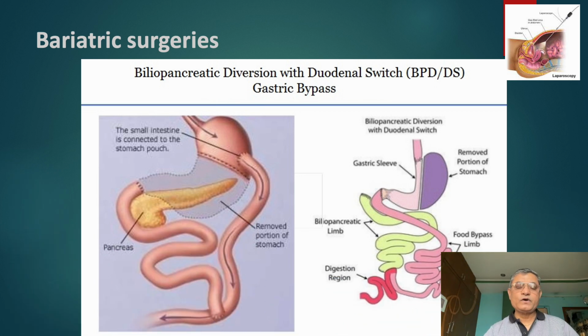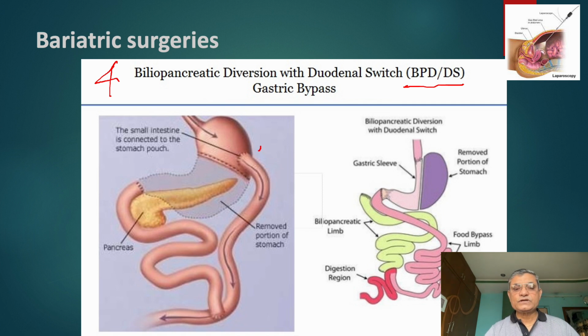The fourth type of bariatric surgery is biliopancreatic diversion with duodenal switch, otherwise known as BPD/DS. This is a type of gastric bypass. Here, this is a more complex procedure.